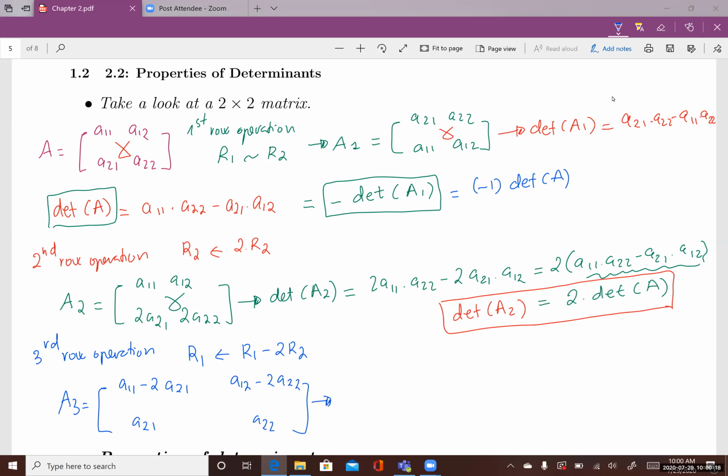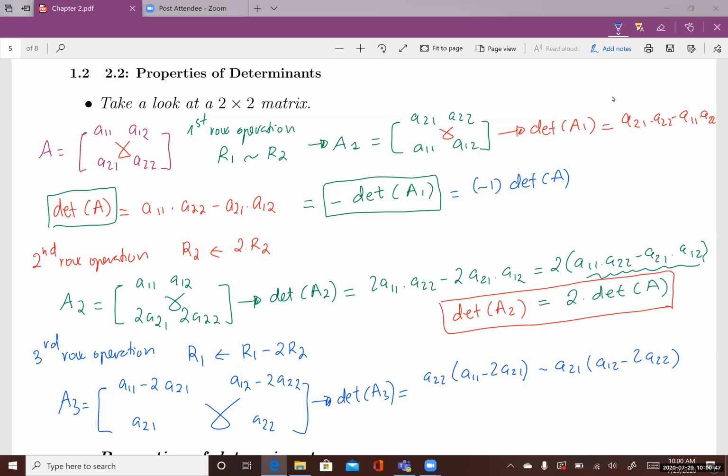And then from here, you want to find the determinant of A3. Again, you use cross multiplication. So I would have A22 times A11 minus 2A21, minus A21 times A12 minus 2A22.